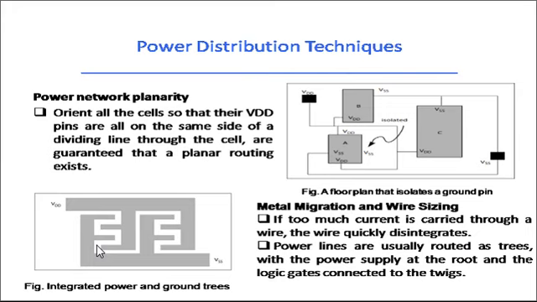And if you have a multi-layered structure, you still have to go for a floor plan, and that floor plan should isolate the ground pins also. This is essential whenever you go for power distribution. This power distribution is important so that there will be an even distribution of power throughout the chip.